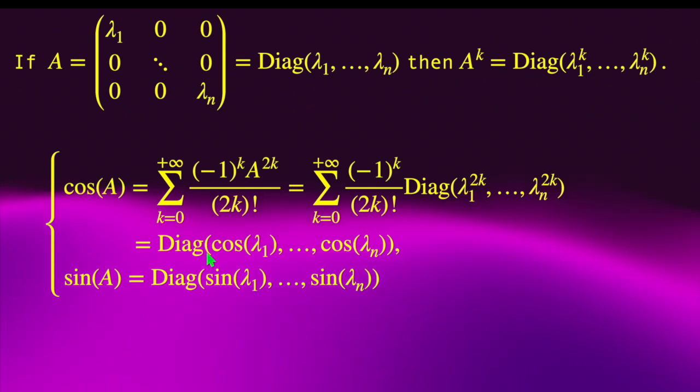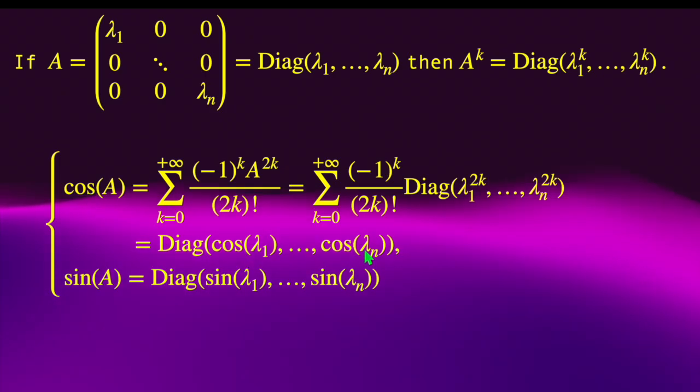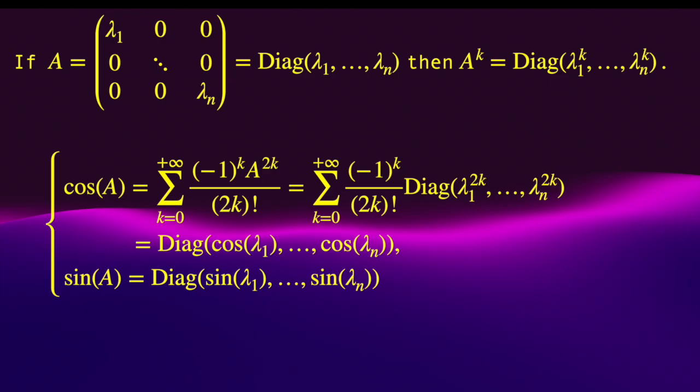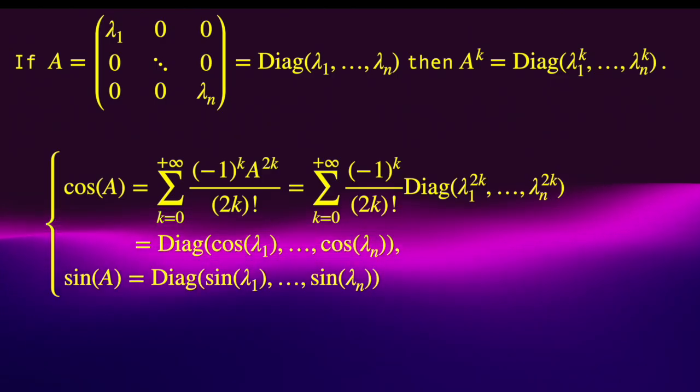Cosine A is a diagonal matrix with diagonal terms cosine lambda 1, up to cosine lambda n. So we have shown that the cosine of a diagonal matrix is a diagonal matrix, and it's easy.